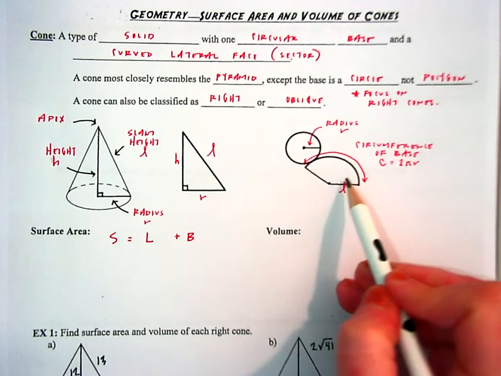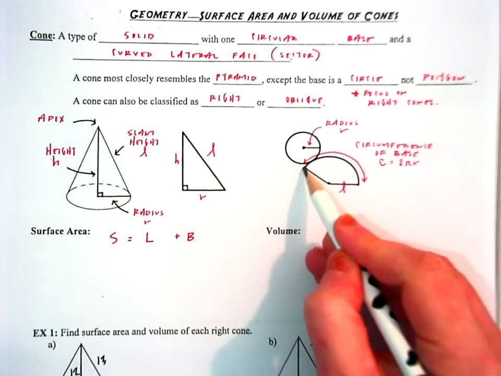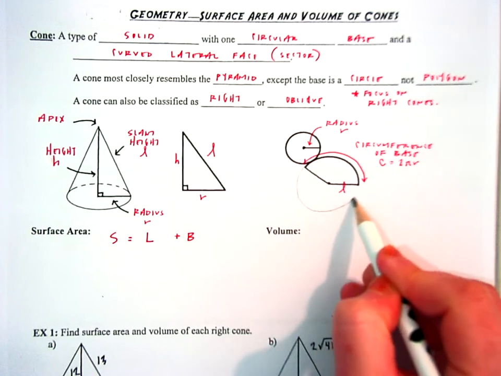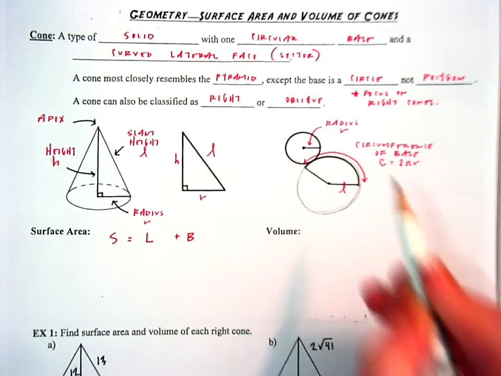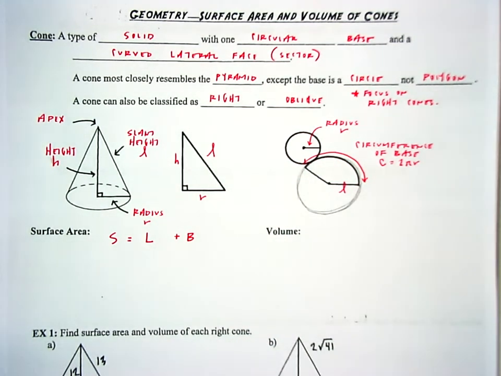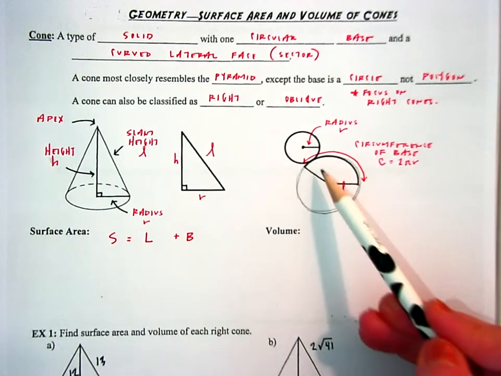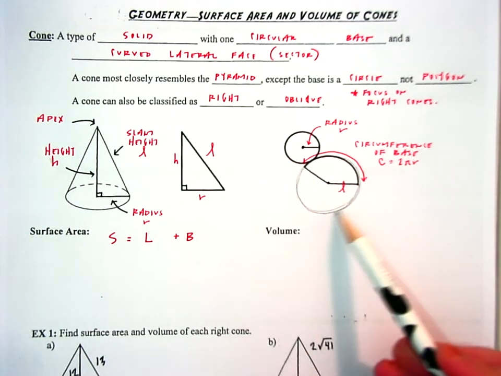So remember that this is a sector. It's a portion of a larger circle. So let me draw in what would look like a total circle, just like so. So we know that when we're solving for the area of a sector, it's a portion of a larger circle. So I need to think, what is the ratio of this sector to the whole circle?